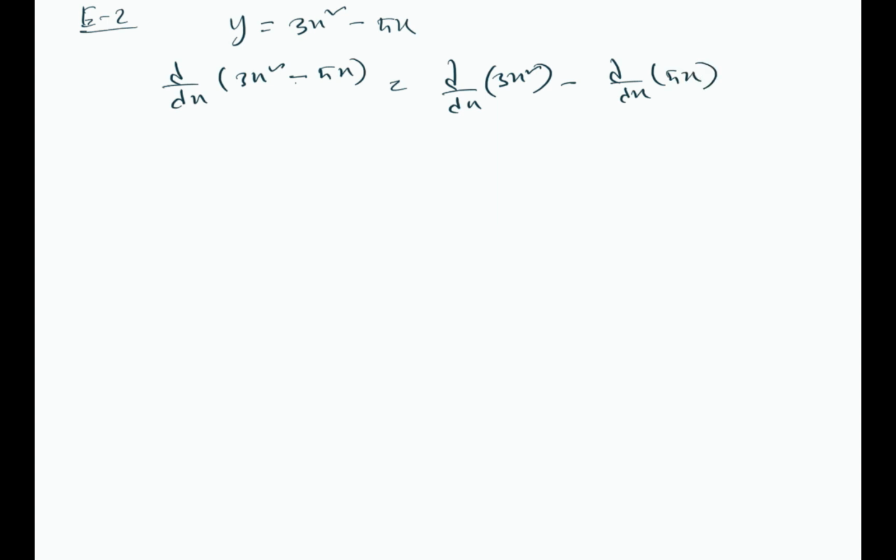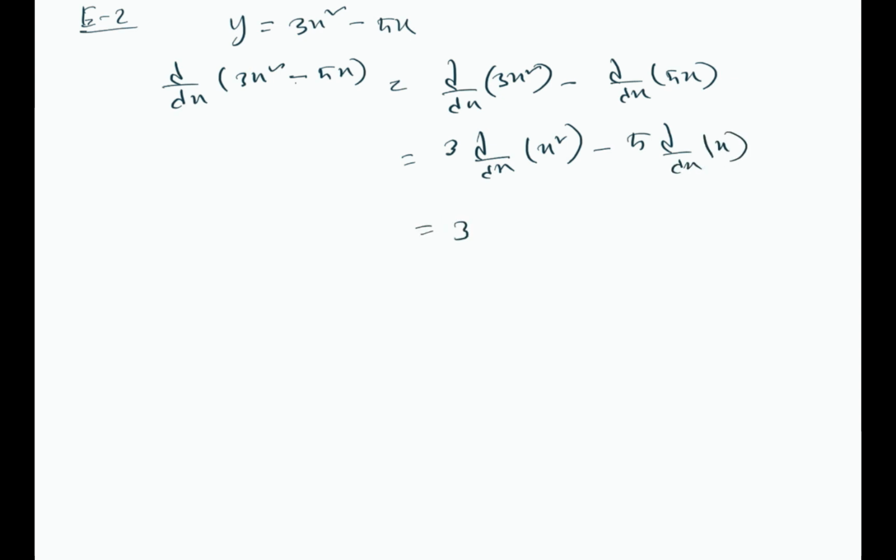In both cases we have a constant multiple, so taking the constant multiple out, we can write 3 d/dx of x squared minus 5 d/dx of x.